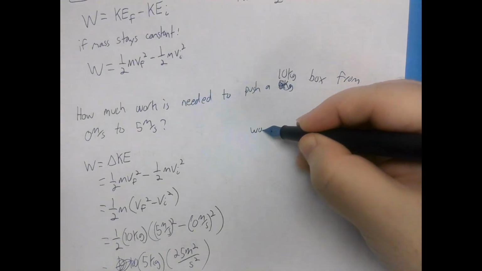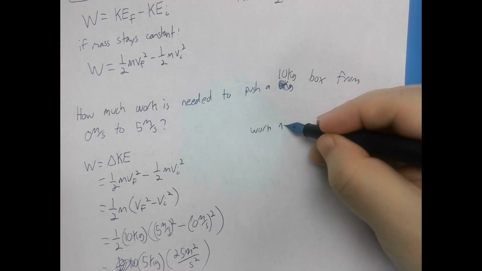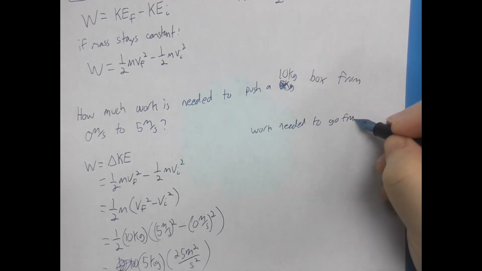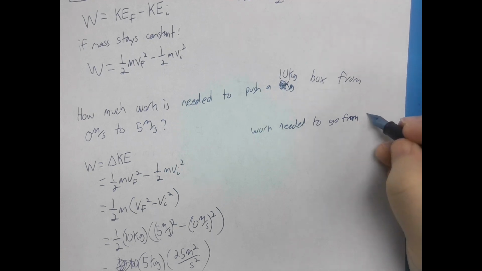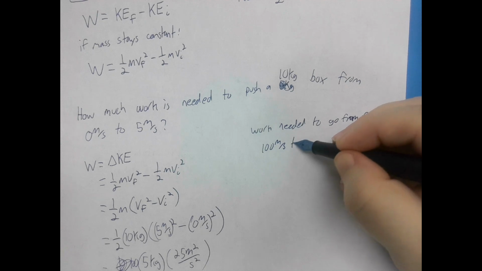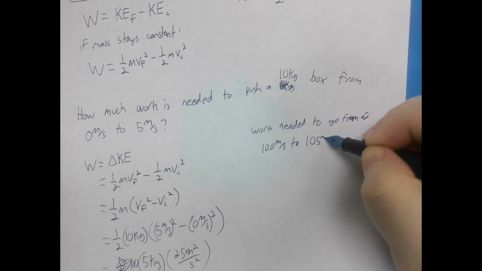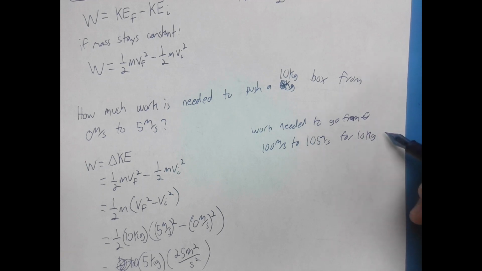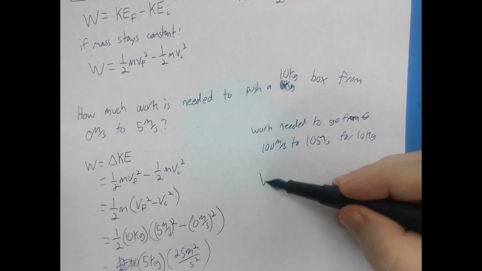So, work needed to go from 100 meters per second to 105 meters per second for a 10 kilogram box. We do the same thing.